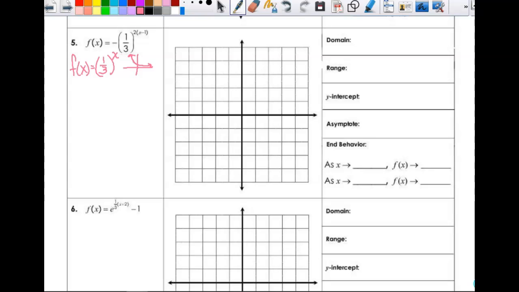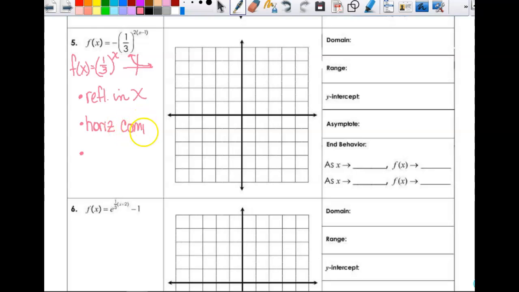How many transformations do I have? 3. So I have that negative is a reflection in the x-axis. That 2 is a horizontal what?